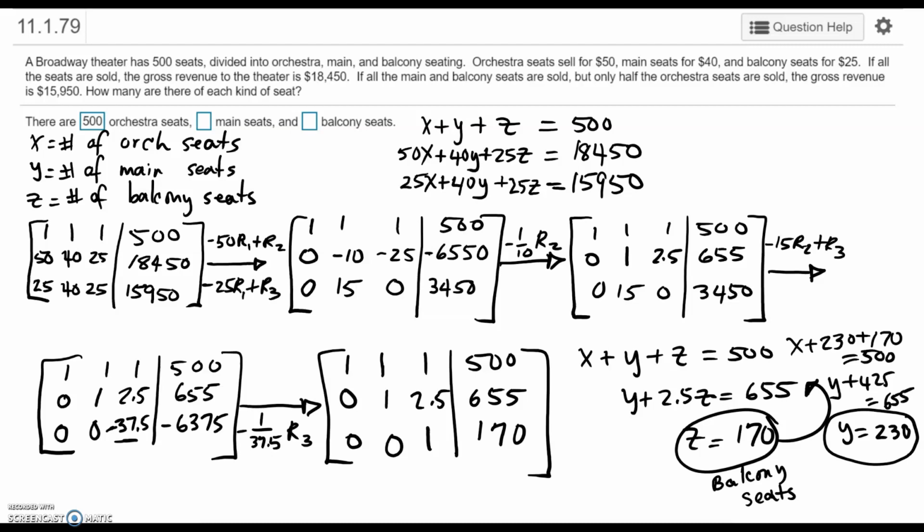So if I subtract 230 and 170 from 500, that gives me x is equal to 100. X represents the number of orchestra seats. Y represents the number of main seats. And so these are the number of each kind of seat that you have in the theater.